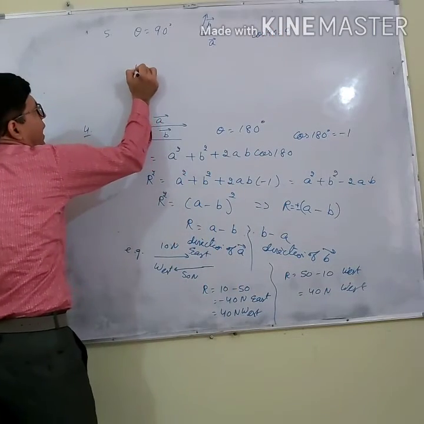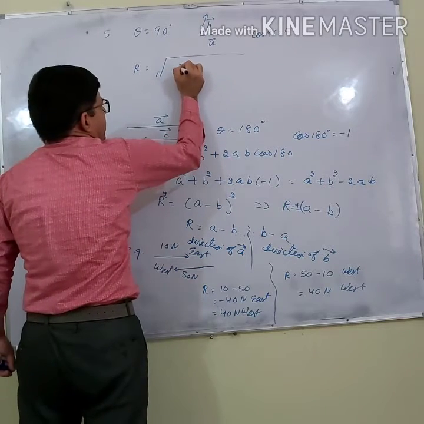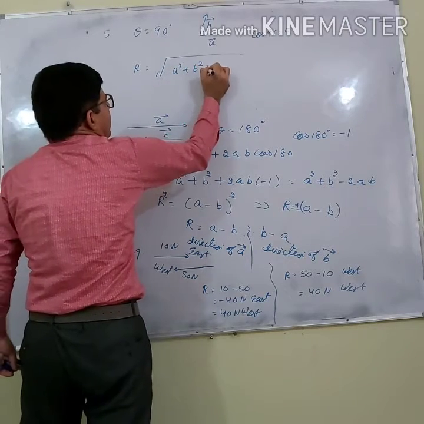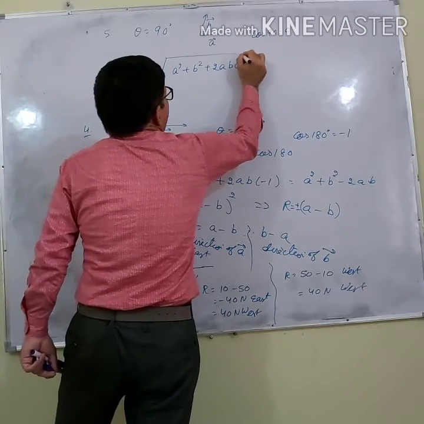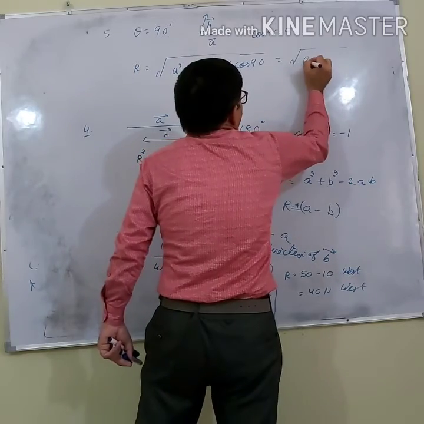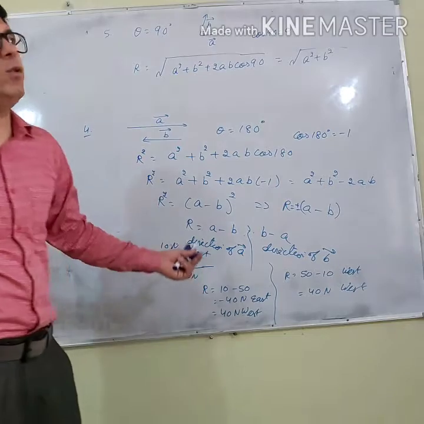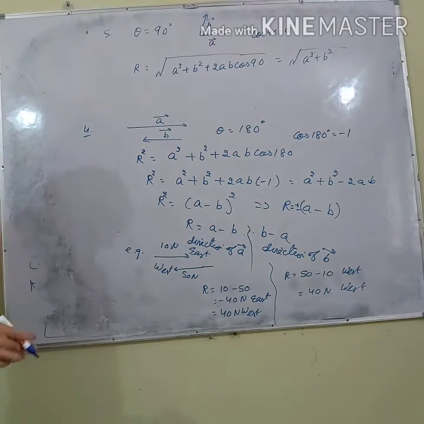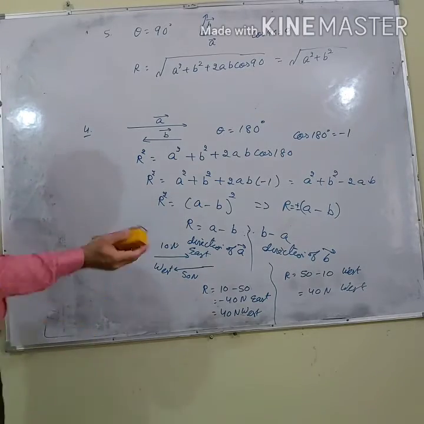So let us check R. It equals under root A square plus B square plus 2AB cos 90. Cos 90 is 0, so it would be cancelled. So it equals under root A square plus B square. Right?